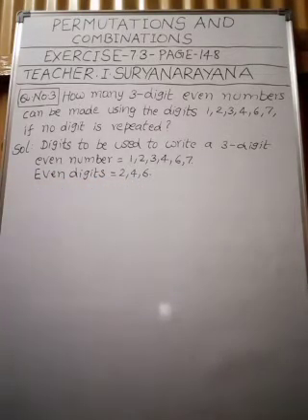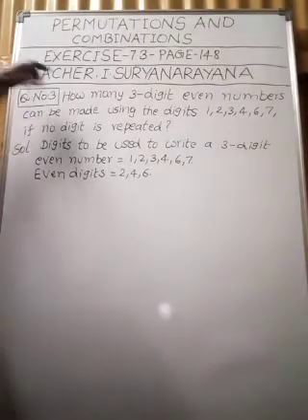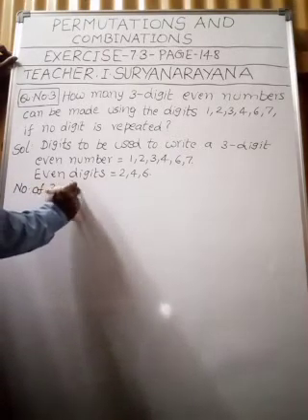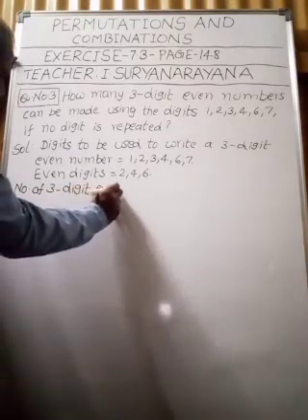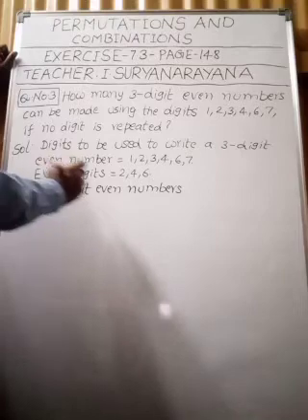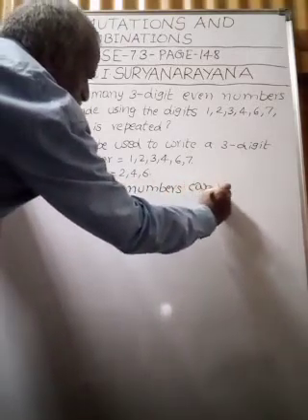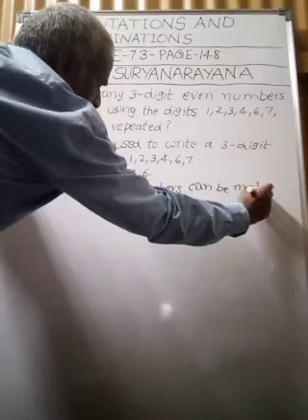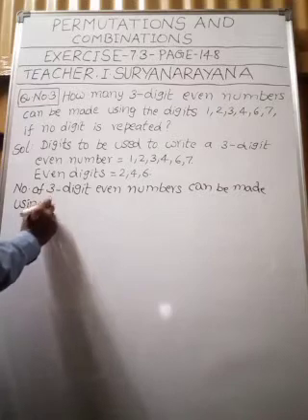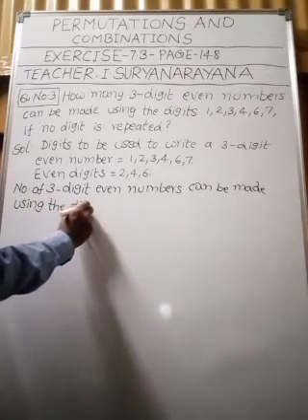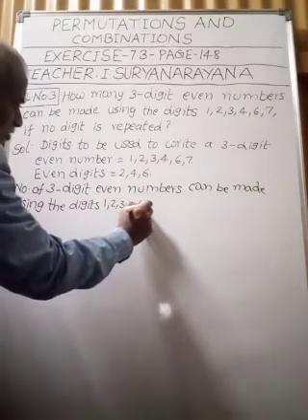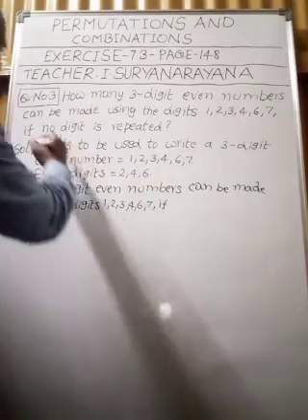Okay, my children, right. Now come to this step. Number of 3-digit even numbers can be made using the digits 1, 2, 3, 4, 6, 7 if no digit is repeated.